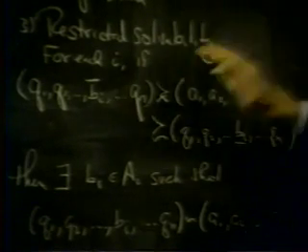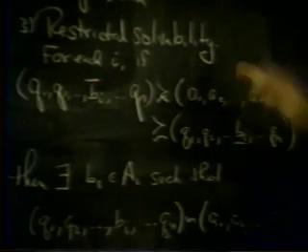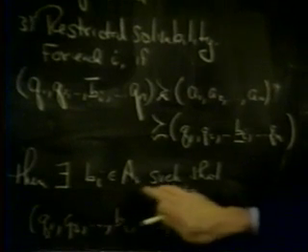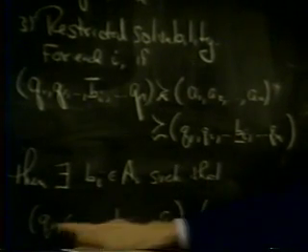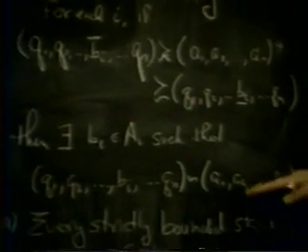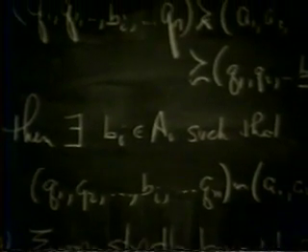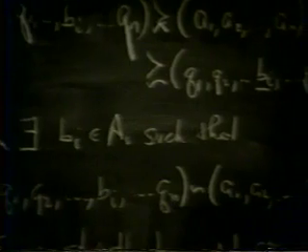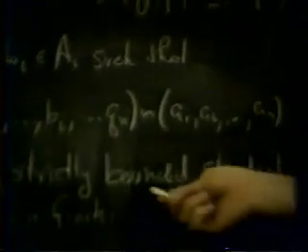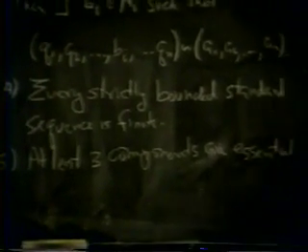The statement of this is for a particular i, and the conclusion is that then there exists a Bi in capital Ai such that, in fact, strict equality holds. And this assertion is true for each of the different components i. So that's the very natural generalization of restricted solvability. The Archimedean property is the usual one: every strictly bounded standard sequence is finite.